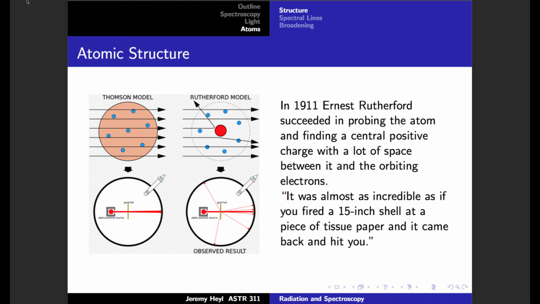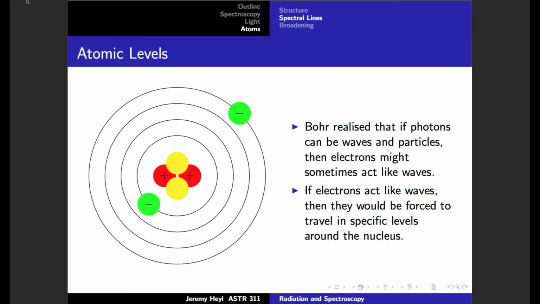So what they realized is that the positive charge was concentrated in a very dense ball called the nucleus, and the negative charge was surrounding the nucleus. And this was a lovely picture, especially from the astronomy point of view, because it's reminiscent of our solar system.